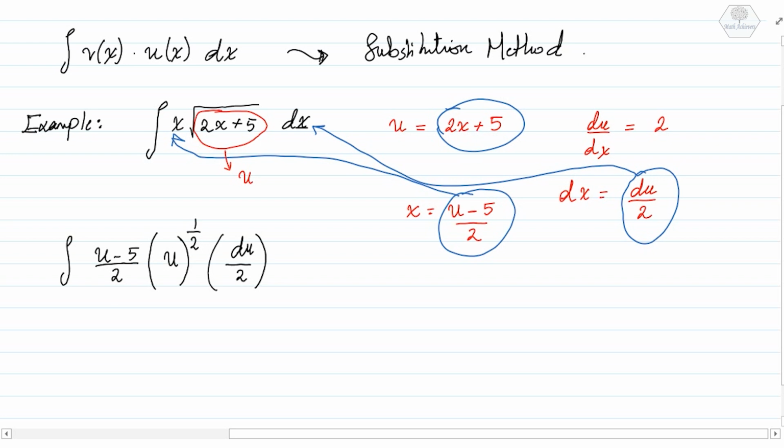Now I have my integral, all of it, in terms of u and du, so I can integrate. Let's continue.